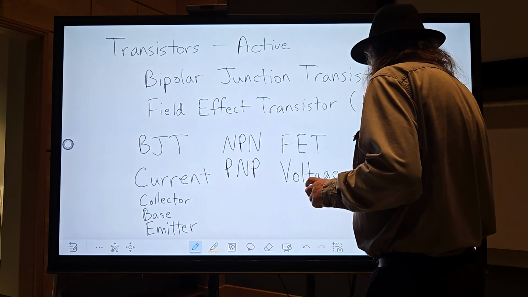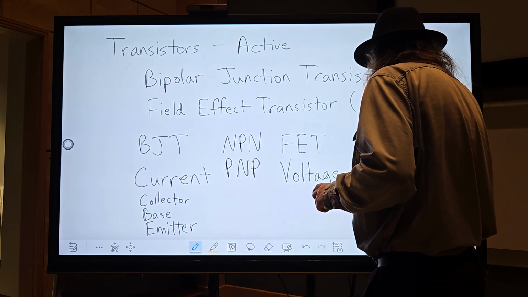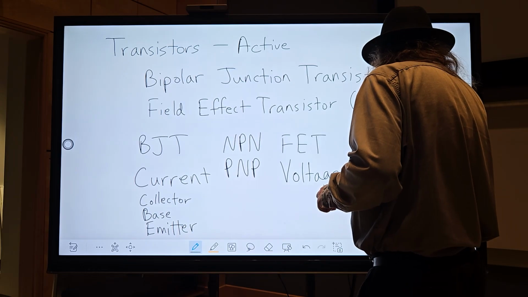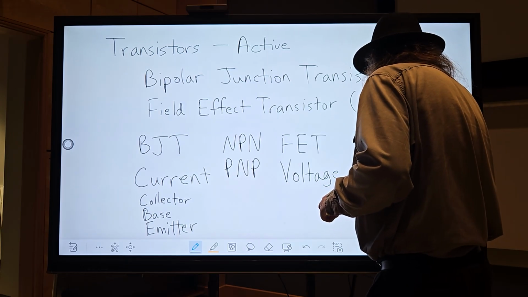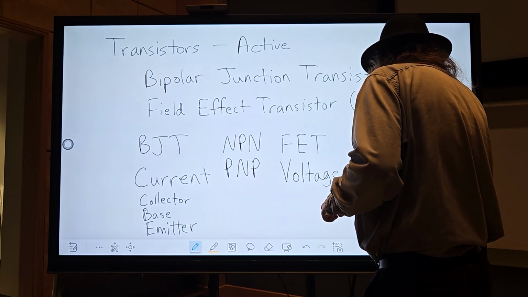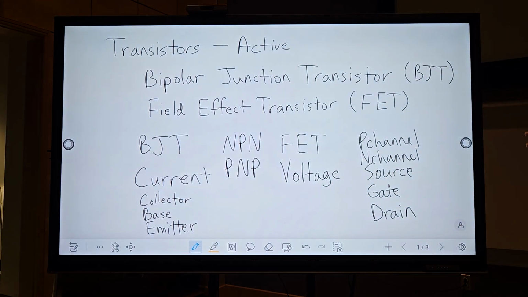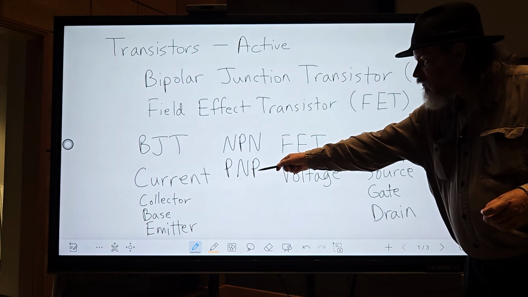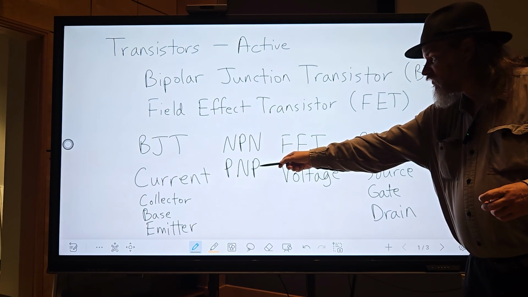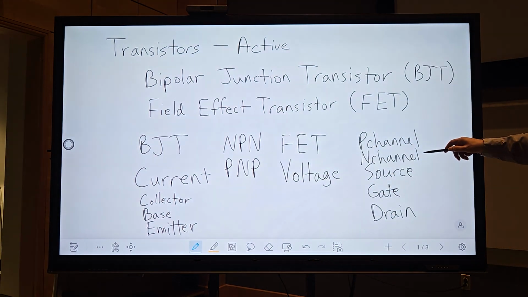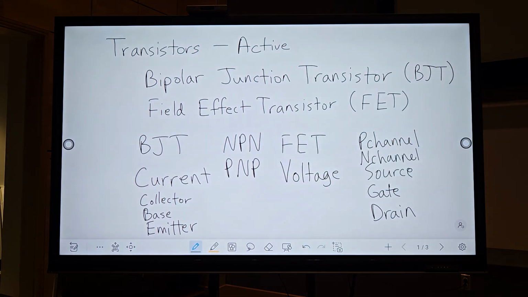FETs have P-channel and N-channel. So that's 4 types of transistors in all. What is the 4 type? NPN, PNP for BJT transistors, and P-channel and N-channel for field effect transistors.